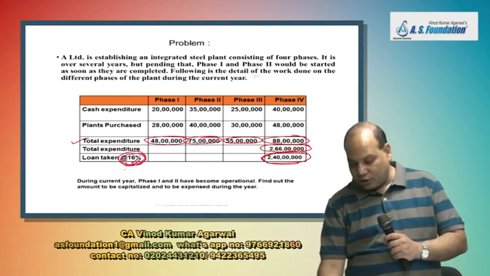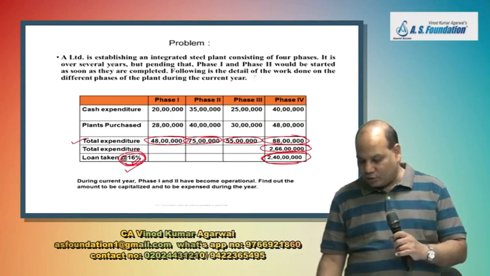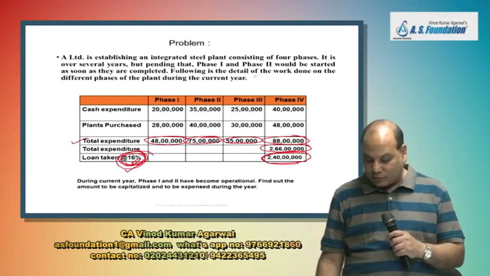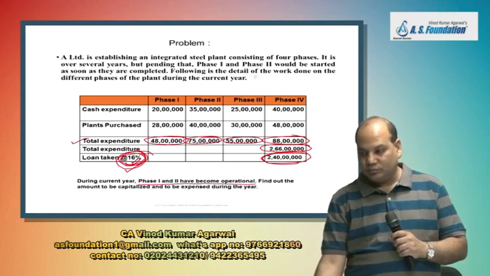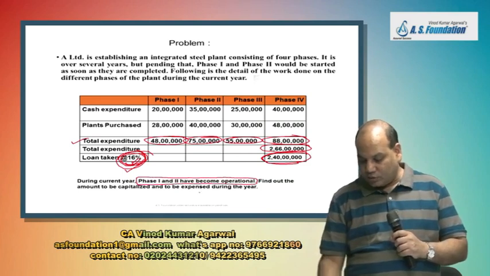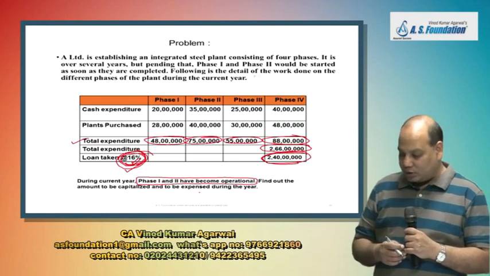Assume this is also the EIR, the effective interest rate. There is no other way to calculate the effective interest rate, so whatever the interest rate is, use it and solve. There is an important note below: in the current year phase 1 and 2 have become operational, meaning you can use them independently. Find out the amount to be capitalized and to be expensed during the year.